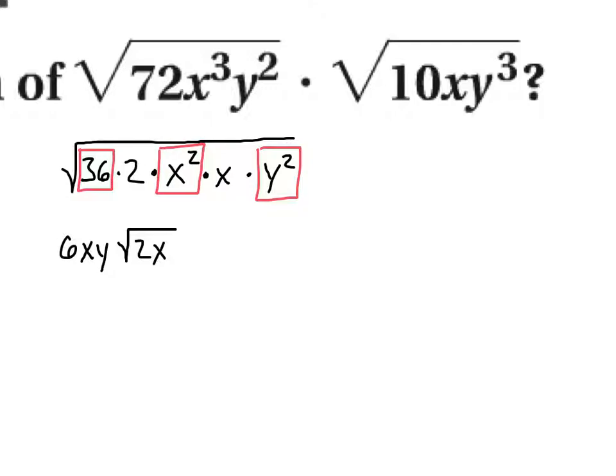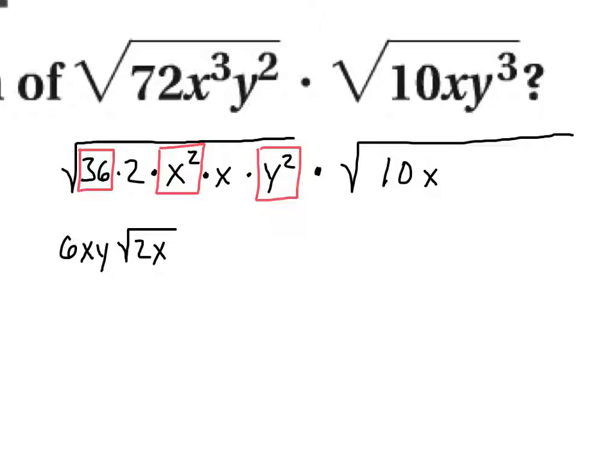Okay, so we're halfway done, kind of. Now we've got to try the other one. We are multiplying by the square root of 10xy cubed. Is there a perfect square that we can factor out of 10? No. Is there anything we can do with the x? No. Is there anything we can do with the y cubed?